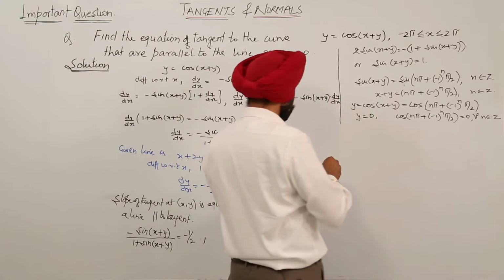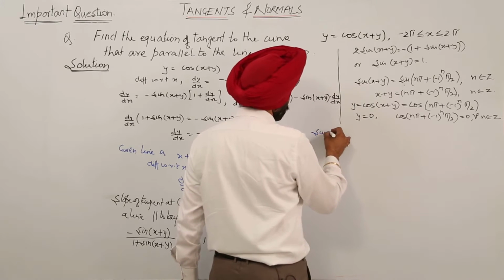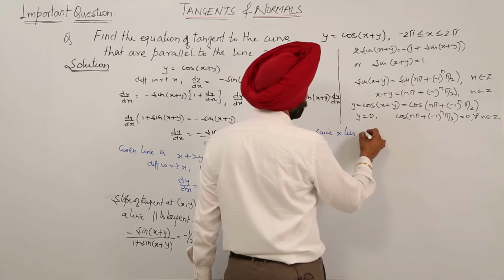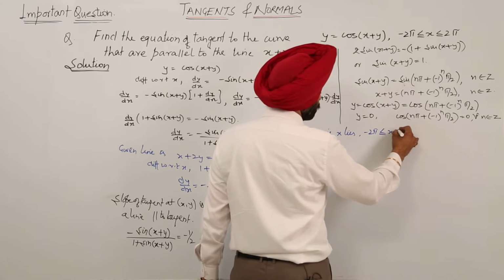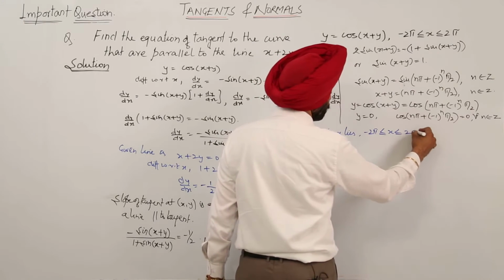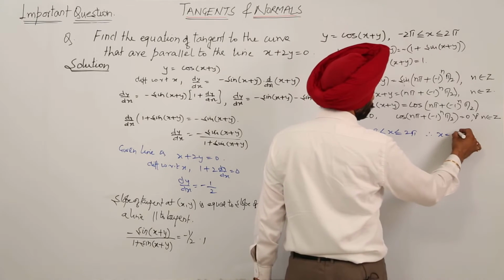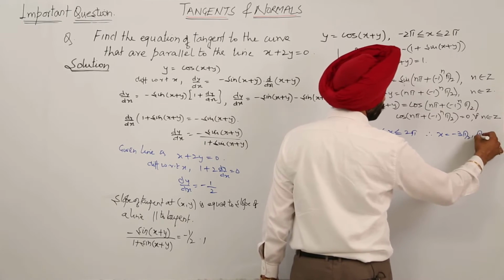Now since x lies between -2π ≤ x ≤ 2π, therefore x = -3π/2 and π/2.